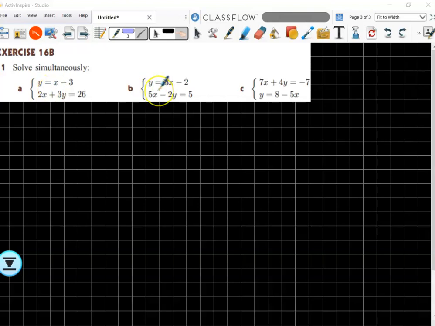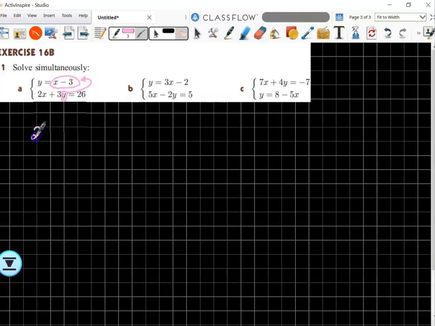We've got a y equals, and this time they put the y equals second. We're going to do the same thing. So wherever y appears in this equation, we're going to replace it with that, because that says y equals this.